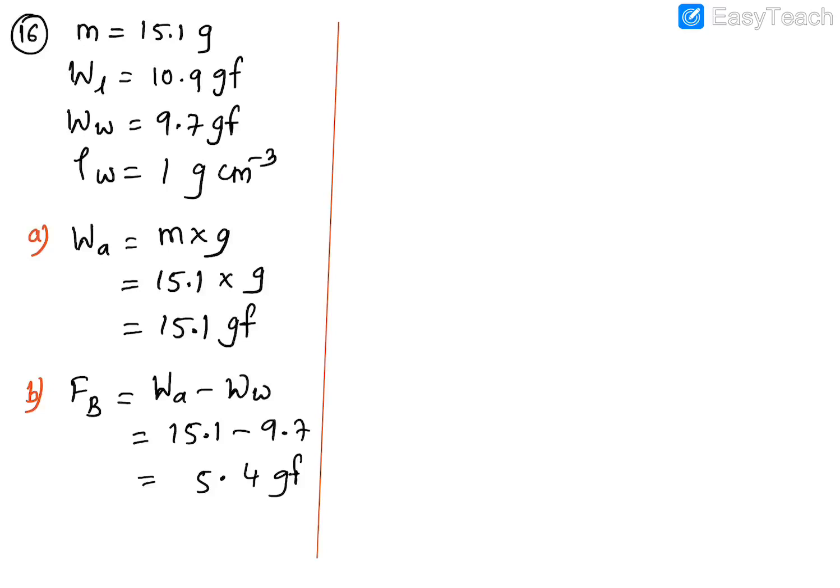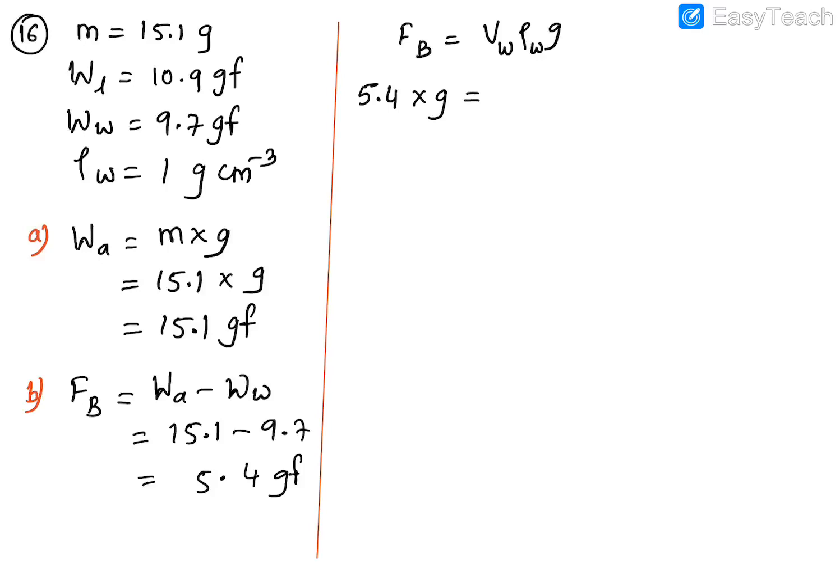We only found the upthrust. So now we have to calculate what again? Upthrust is equal to V rho G. Volume of the liquid, density of the liquid into gravity. Since they have already mentioned another liquid, I will not use the word liquid here. I will write here W. Volume of the water displaced, density of the water. Now what is the upthrust equal to? 5.4 GF, which also means 5.4 into G. Volume of the water displaced.